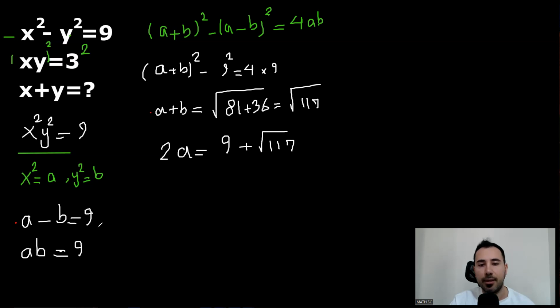So we got 2A. I'm going to be lazy and I'm going to drag this 2 and put it here. So we got this A.